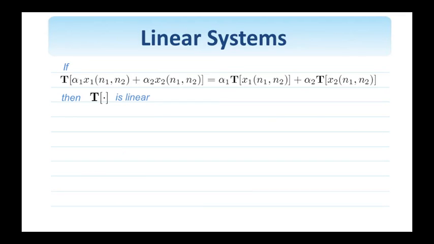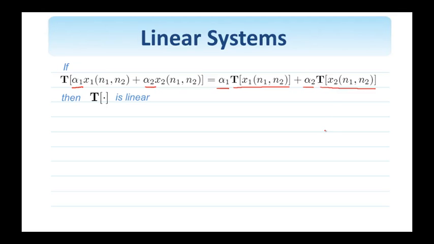A two-dimensional system is linear if it satisfies the homogeneity property shown here. In other words, if at the input of the system I put a weighted sum of two signals, the weights being alpha 1 and alpha 2, and if at the output I find the weighted sum of the individual outputs, so alpha 1 times the response of the system to x1, plus alpha 2 times the response of the system to x2, then the system is linear.